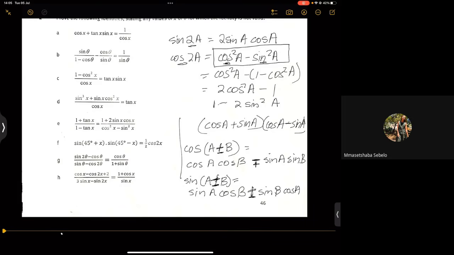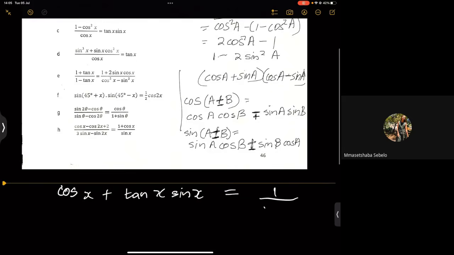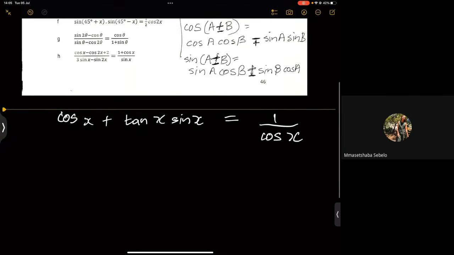So we've got cos of x plus tan of x sine of x, and they're saying we should prove that all of this is equal to 1 over cos of x. What did we say the first thing that we need to do is? We resolve everything into sine and cos. So let's start there.